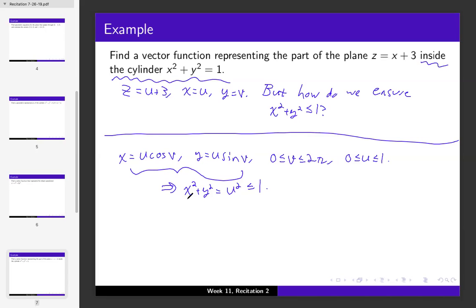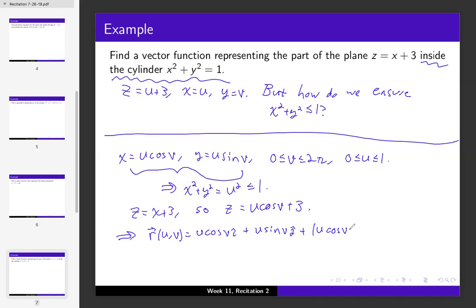But what about z? Well, z has to be x plus 3. So that's easy enough. Z is u cosine v plus 3. So what that gives us at the end of the day is a parameterization. r(u,v) is u cosine v i plus u sine v j plus (u cosine v plus 3) k.